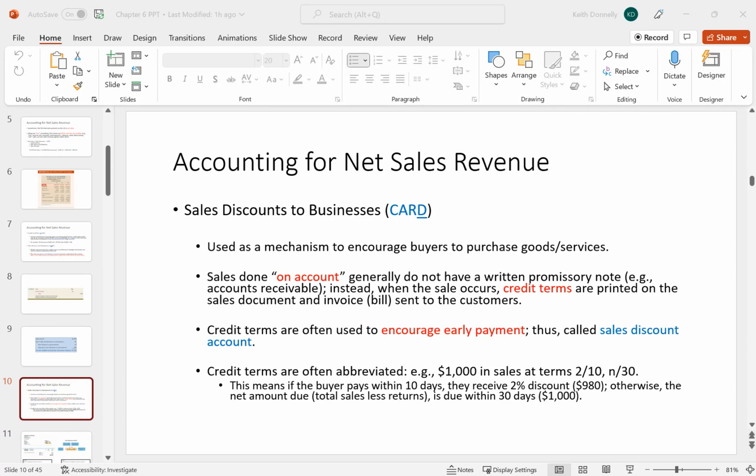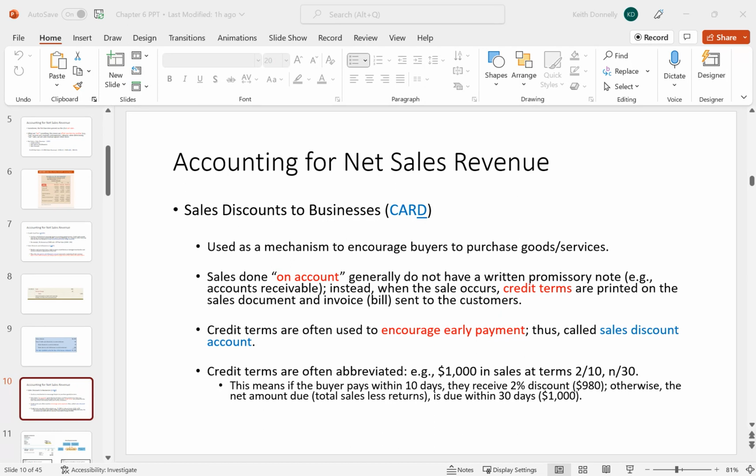All right, the last part of this CARD acronym, when we do our gross sales minus the CARD to get our net sales, is discounts, right? So here's the idea with it. First off, these apply only to sales on account. Somebody comes in, we give them the goods and services, and they're going to pay us later. We have an account receivable.